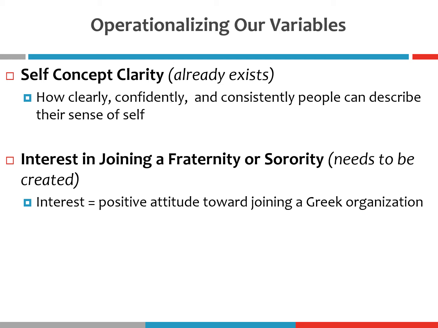And one other thing I want to mention is that what I've written on the slide is a conceptual definition of self-concept clarity, right? So how clearly, confidently, and consistently people can describe their sense of self, that's a conceptual definition, right? So our operational definition is again going to tell people how we measured these variables so that they themselves can conduct a similar sort of study, right?